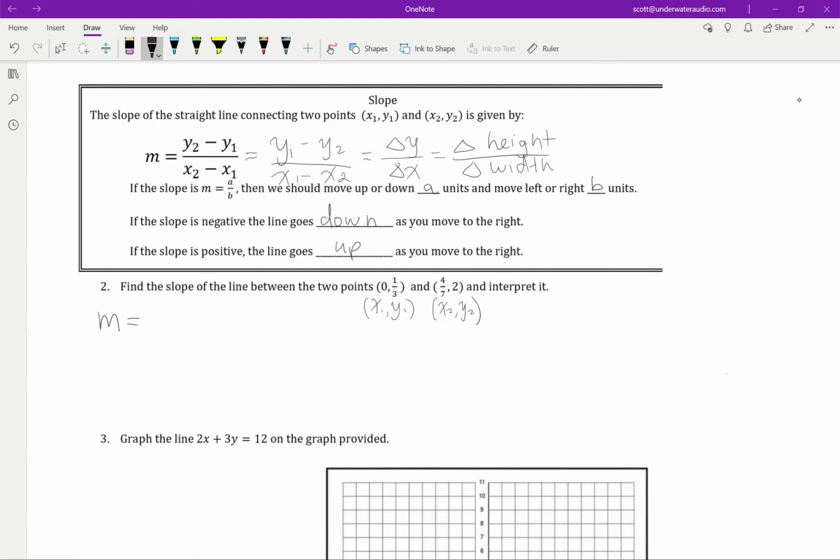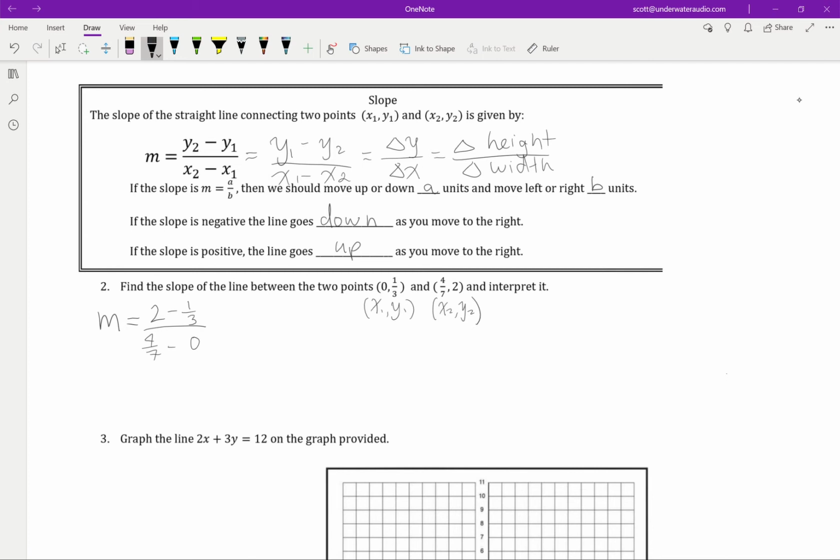So I'm going to do y2 minus y1, so 2 minus 1/3, divided by x2, 4/7, minus x1, which is 0.